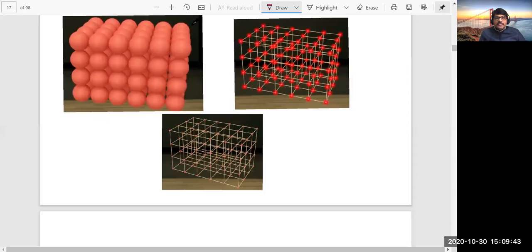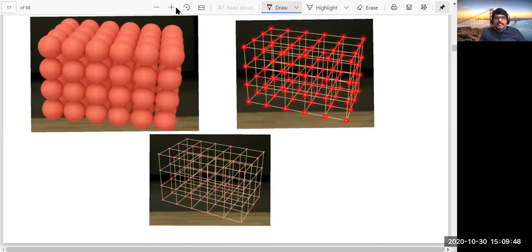So while writing the crystal lattice, we use some points. Students always get a doubt. If it is ice, that is an H2O molecule, in that constituent particle three atoms are present. Whatever it may be, that is represented by a point.